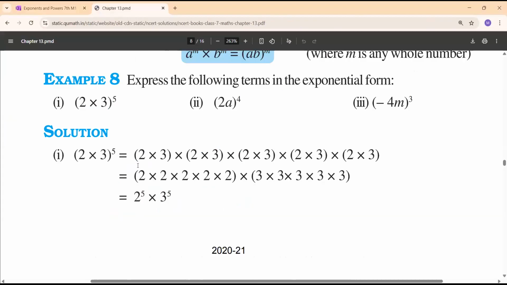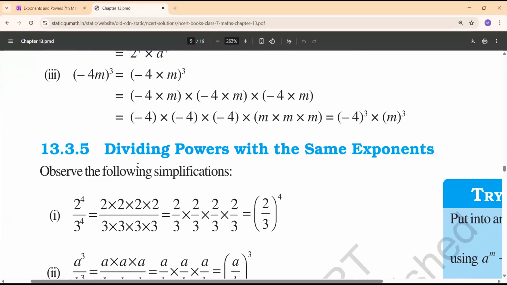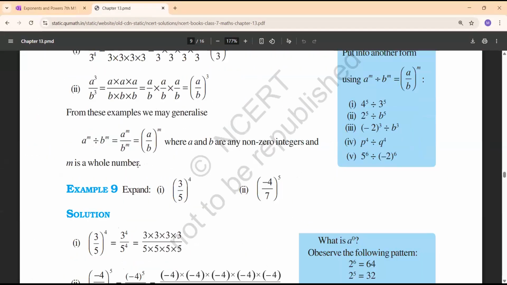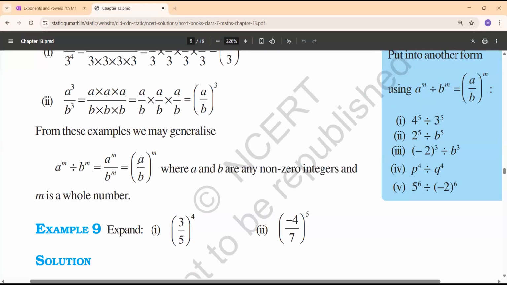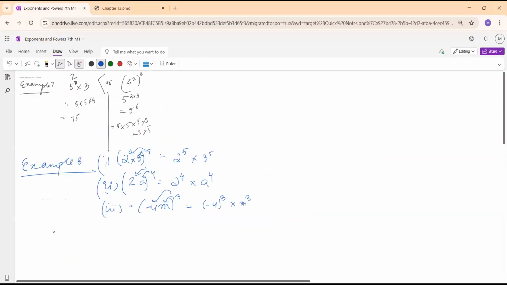Next, example. Abdul Rahman, when you're done, let me know, then I'll tell you example 9. Rahman, you are writing this, right?